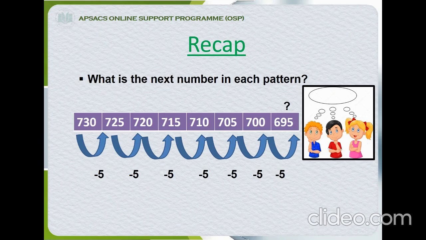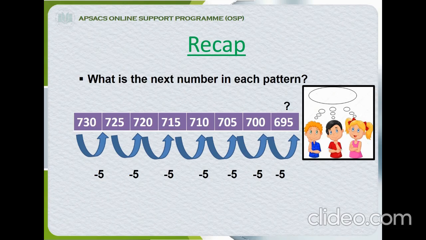Now what will come next? As you see this number pattern very carefully, the numbers are getting less as we move. First we have 730, now it becomes 725. Whenever we go backward, we subtract in a number pattern. Here in this number pattern we are subtracting 5.